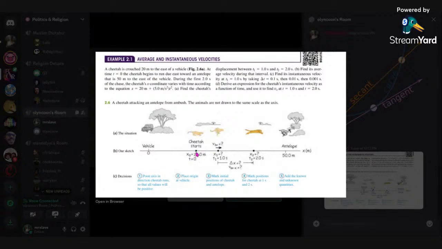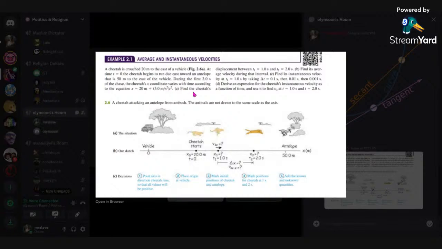From t0 to t1, the cheetah was accelerating, so we can figure out x1. We just plug in 1 for t. So it's 20 plus 5, so it's 25. So x1 is 25 meters.